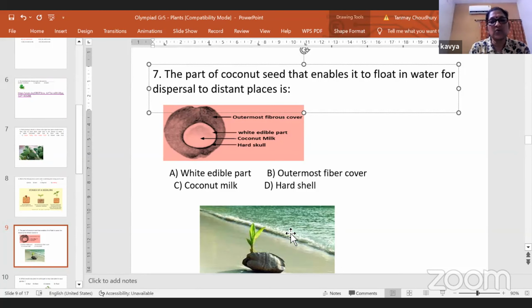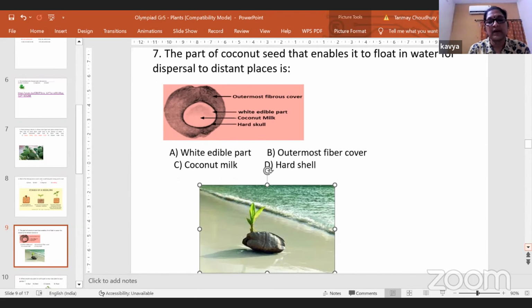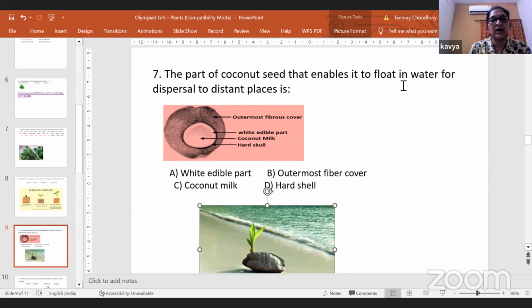See, this is a coconut plant. It has traveled through many places and now it has come to shore and it has started germinating. So this is how it starts germinating. These are the parts of the coconut seed: the outer fibrous cover, the white edible part, the coconut milk and the hard skull.